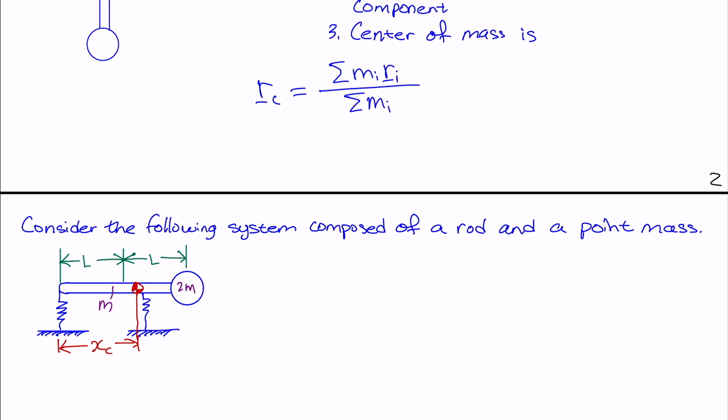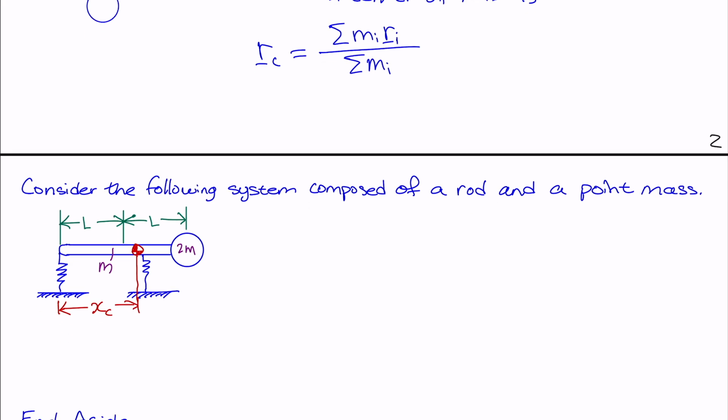All right, let's take a look at a very brief example. We're going to look at this rod with a point mass at its tip. In this case, this rod has a length of 2L, and the point mass is acting at the right end. The rod has a mass of M, and the point mass has a mass of 2M. And here we are trying to find the center of mass, or XC, which I've already drawn.